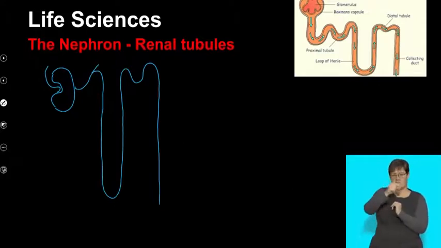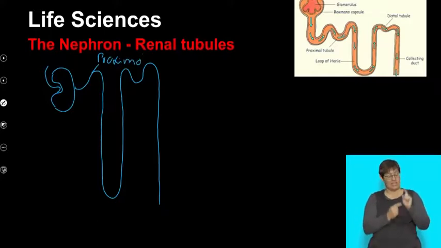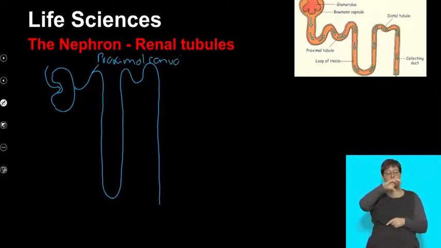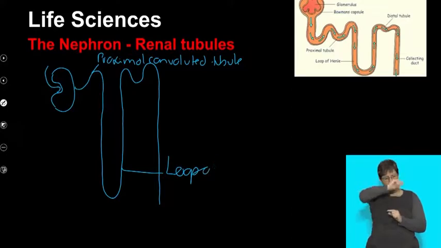The first one, right at the top, is called the proximal convoluted tubule. And that's exactly what it is. It's close to the front. Convoluted means twisted, and it's a tube. The second one is the loop of Henle.